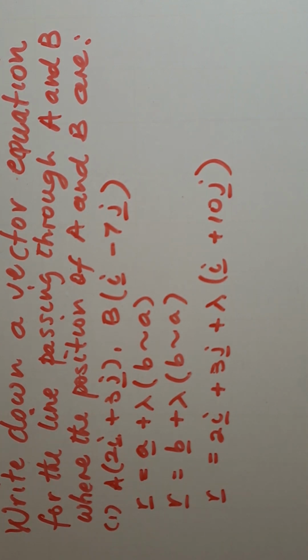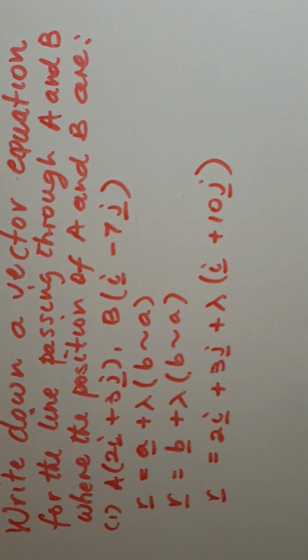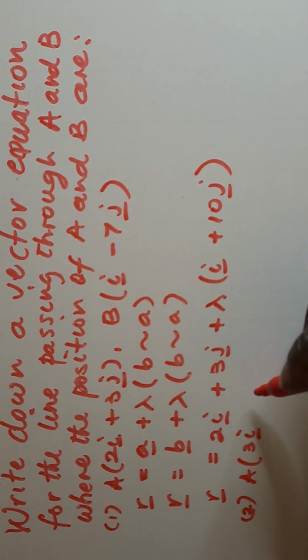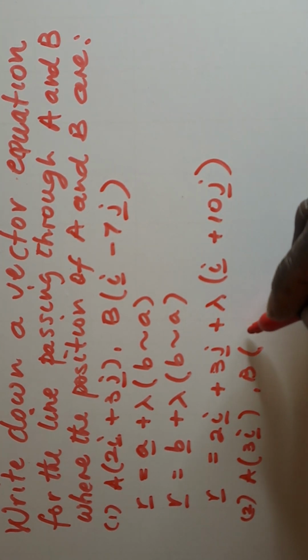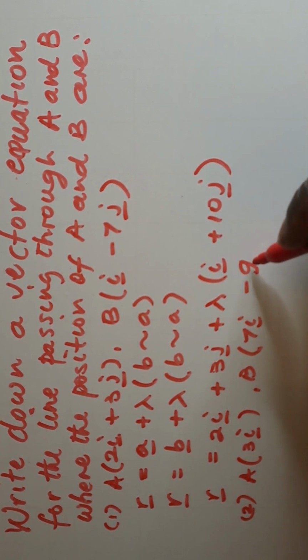For the others, it'll be a good exercise if you can work out whether it's b minus a or a minus b, and whether I'm using a or b, so one of these two structures, which produces four different forms. Now, second is a at 3i, and we have b at 7i minus 9j.